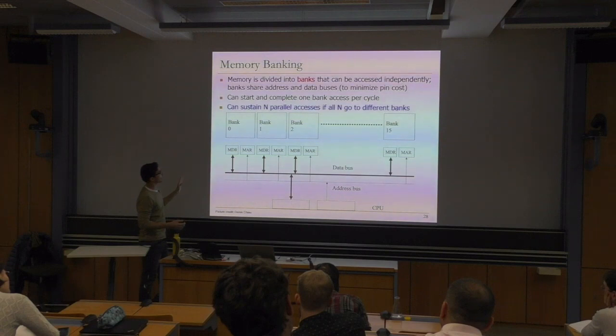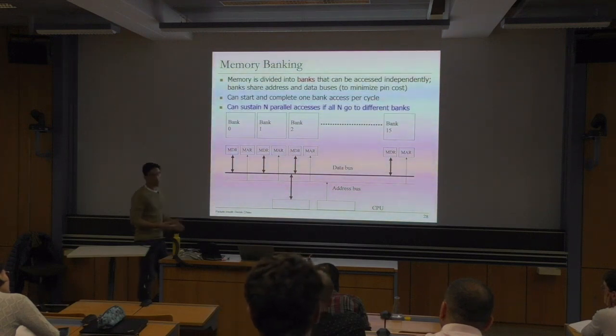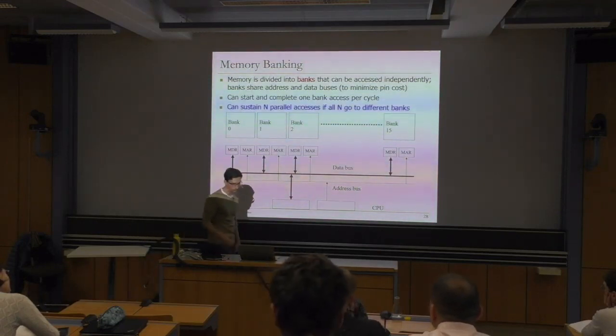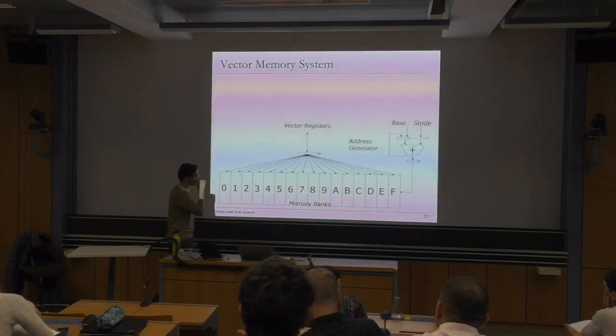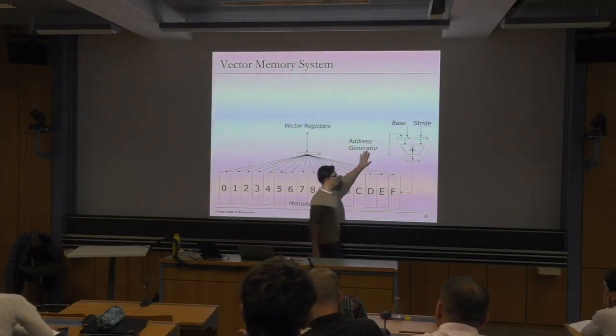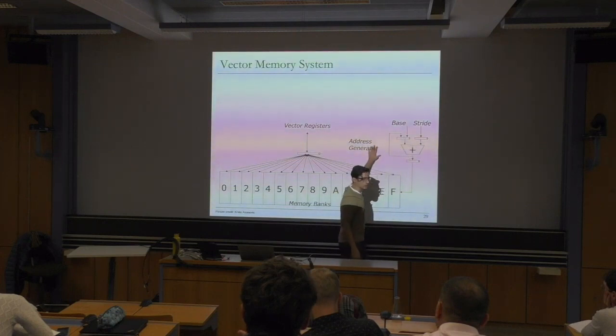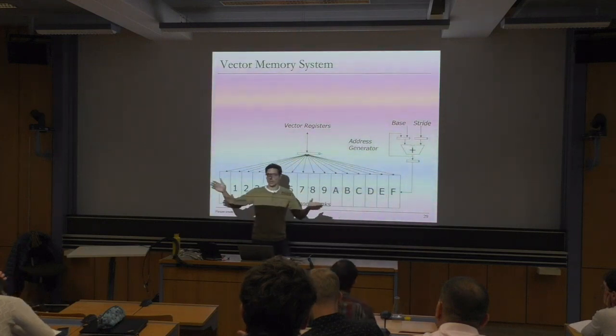So in this particular case we can sustain up to 16 accesses in parallel, or n accesses in parallel if we have n banks. This is one more nice slide to show you how the address is generated. Recall that we have a stride, right?